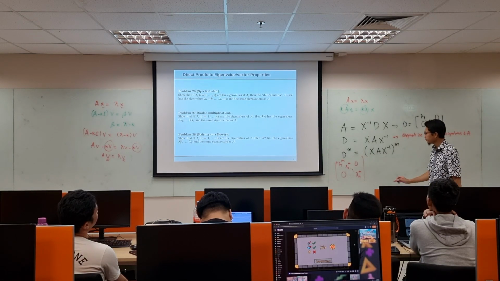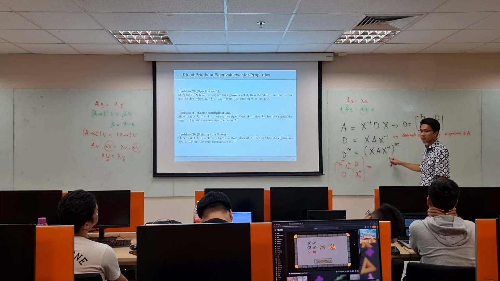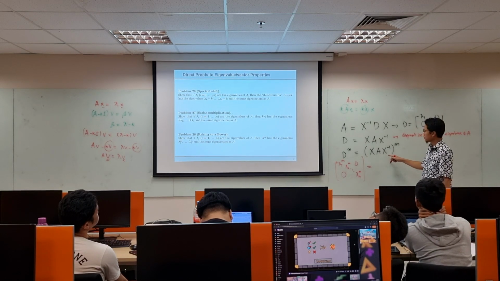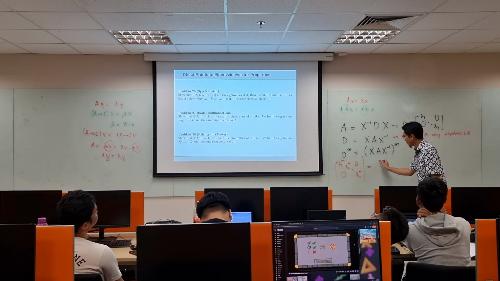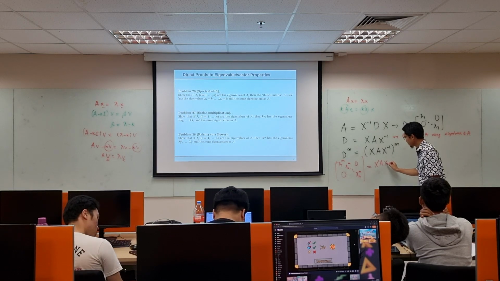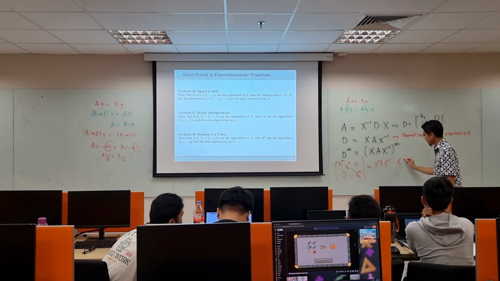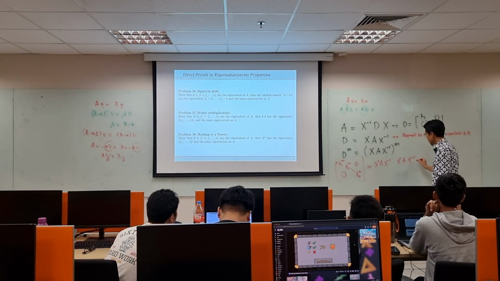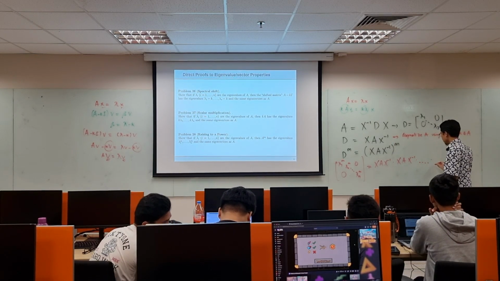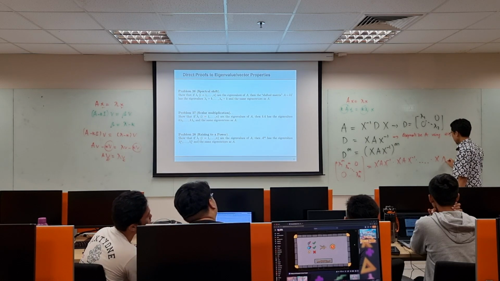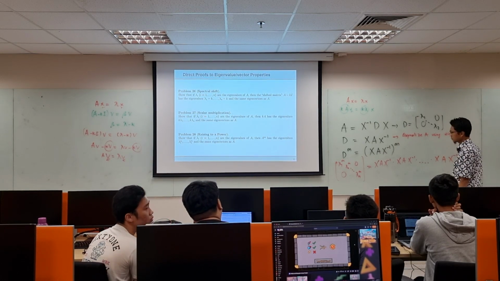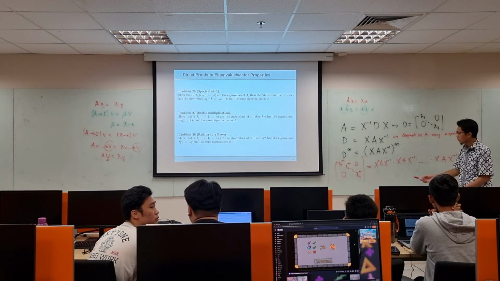So what happened with this? The power of M. Then I will get X A X inverse multiplied by the same thing, right? X A X inverse. What happened with this?